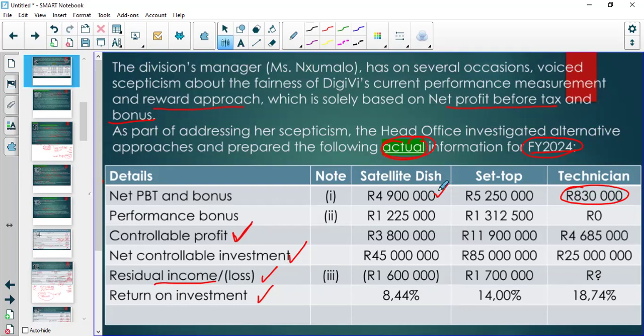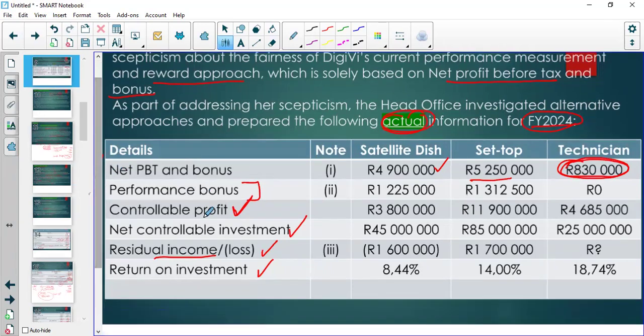They met the criteria. They qualified for this performance bonus, right? Because it was over 4 million, but this technician division got 830,000. So now we have to determine if they used other measures like controllable profit. You see there, it was going to be 4685, because that is what they could control.